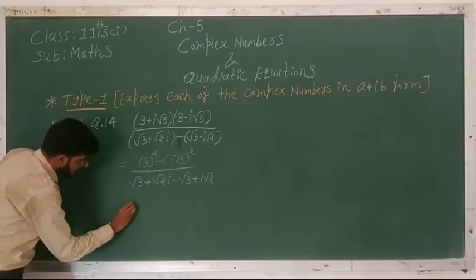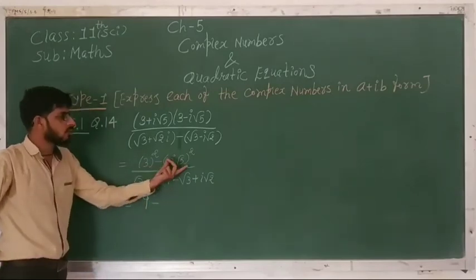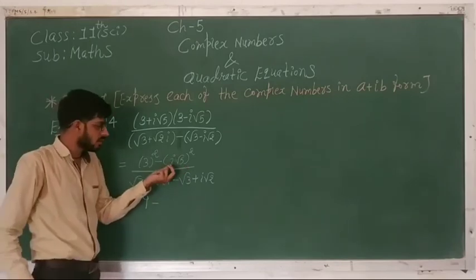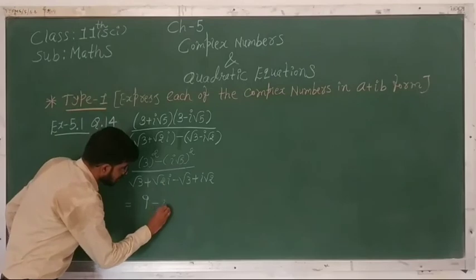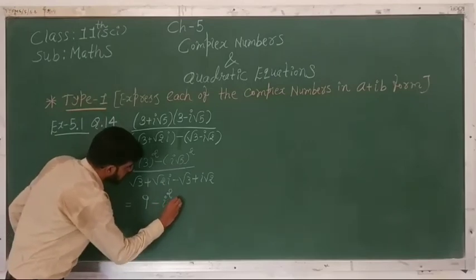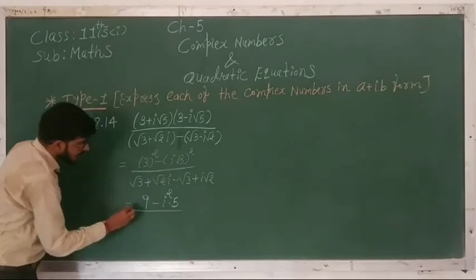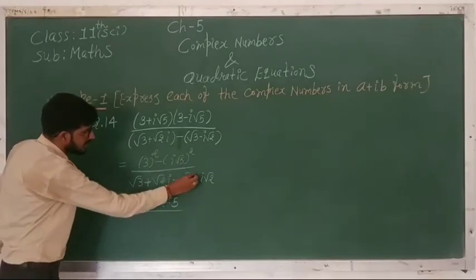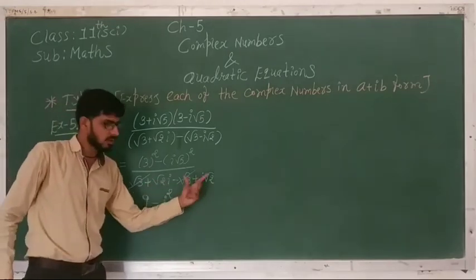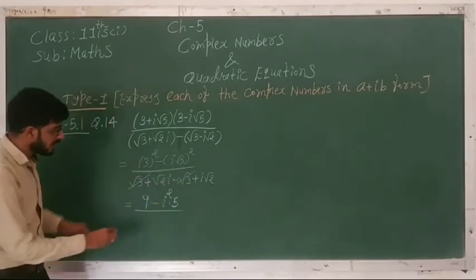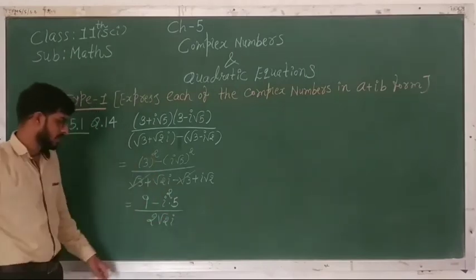Now see, 3 square is 9, minus i root 5 square. So we have to square i square as well as root 5 square, so i square into 5. Upon, see here root 3 and minus root 3 cancel out. So the remaining terms are root 2i plus i root 2, both are the same, so we can write 2 times root 2i.